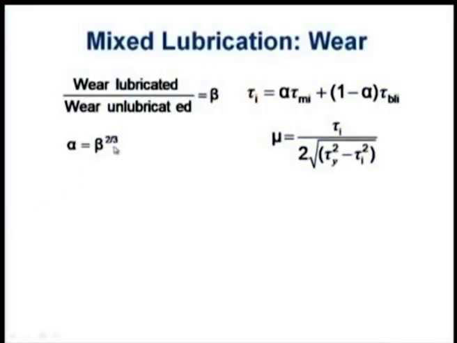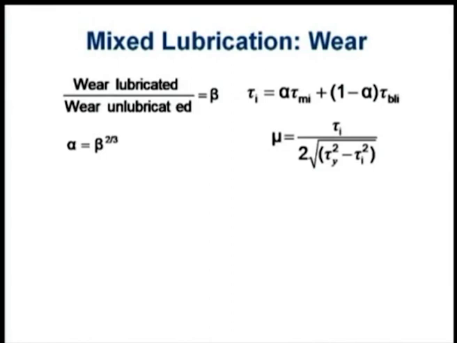If this is the situation, I can utilize this expression to find out alpha. Once alpha is known, we can find out the wear volume reduction. We can say whether beta is equal to 0.01, 0.1, 0.2, 0.3, that can be judged relatively, not absolutely, relatively in terms of alpha. That is a good approach.